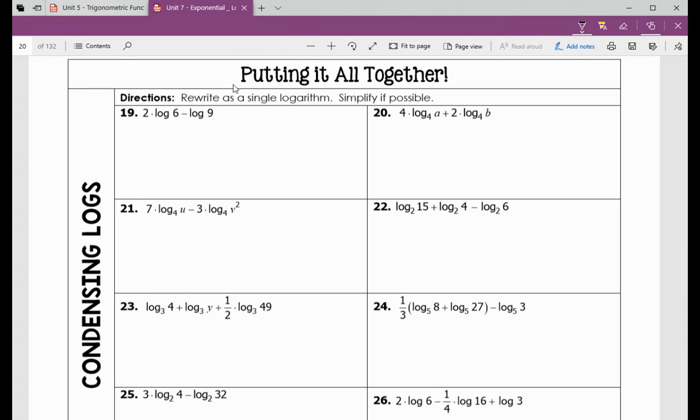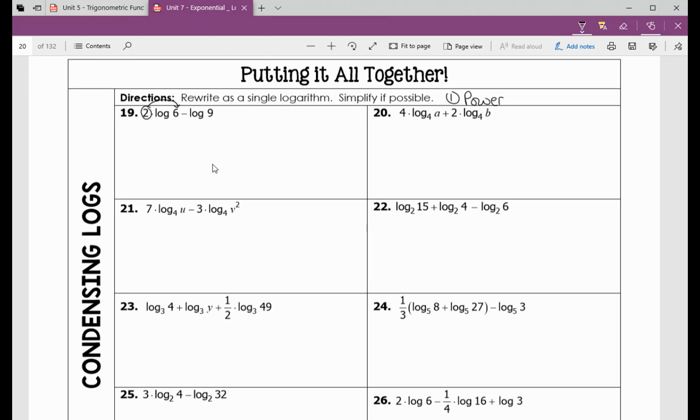Okay, so the first thing I want to do when you are rewriting as a single logarithm, deal with your powers first. If you have any multipliers that need to be put back as powers, do that. So in number 19, I have 2. So that's my only multiplier.